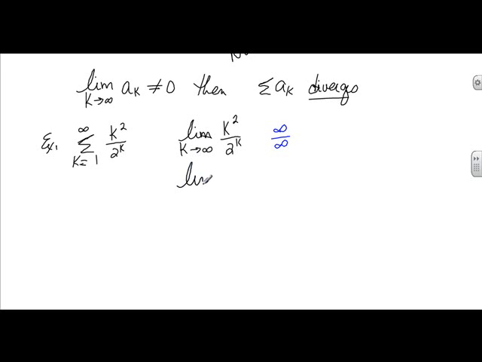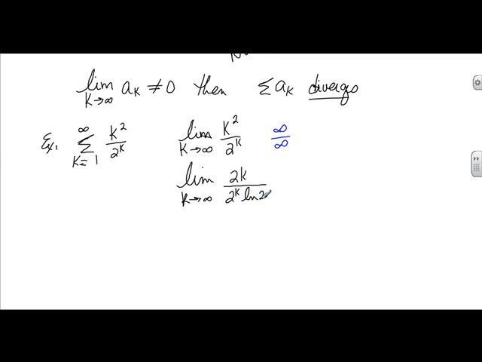So we can look at the limit as k approaches infinity of 2k over, the derivative of 2 to the k, since that's an exponential function, would be 2 to the k power times the natural log of 2.